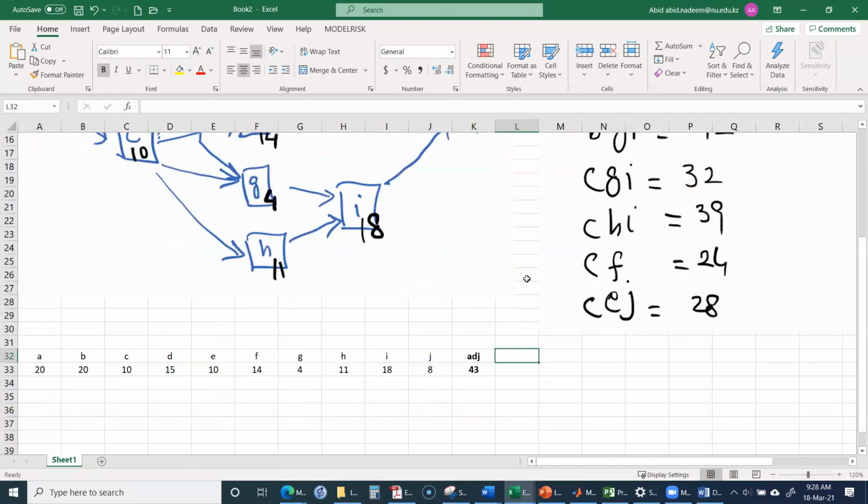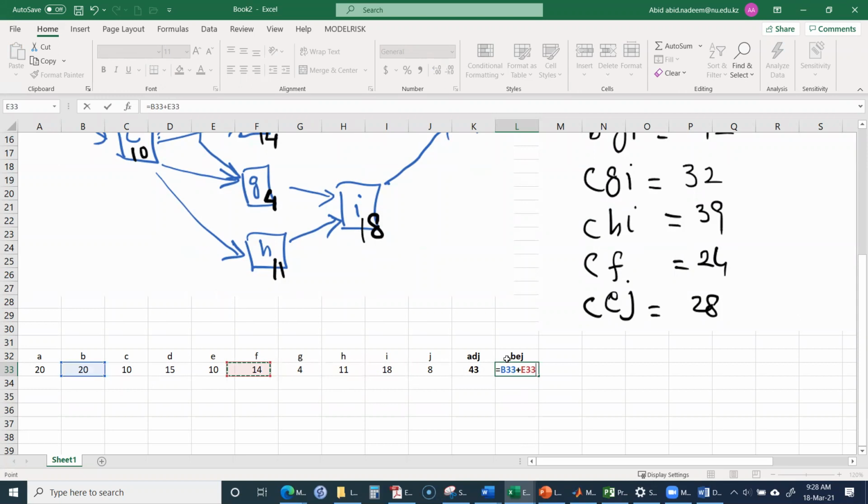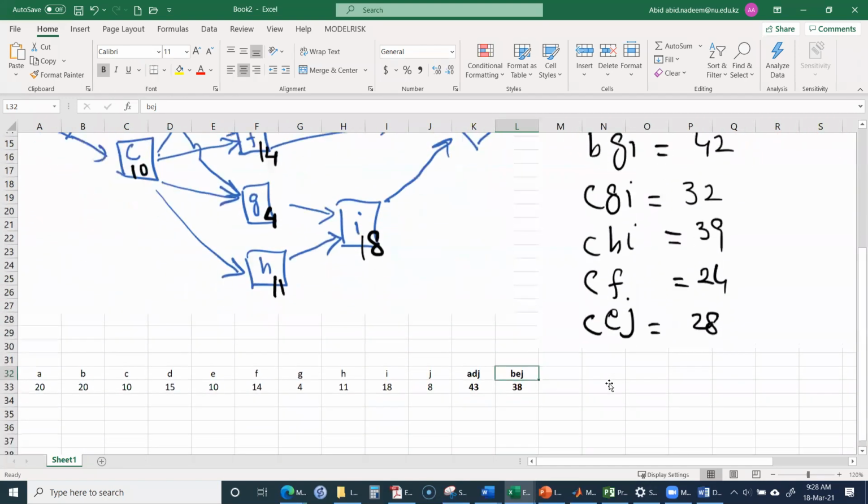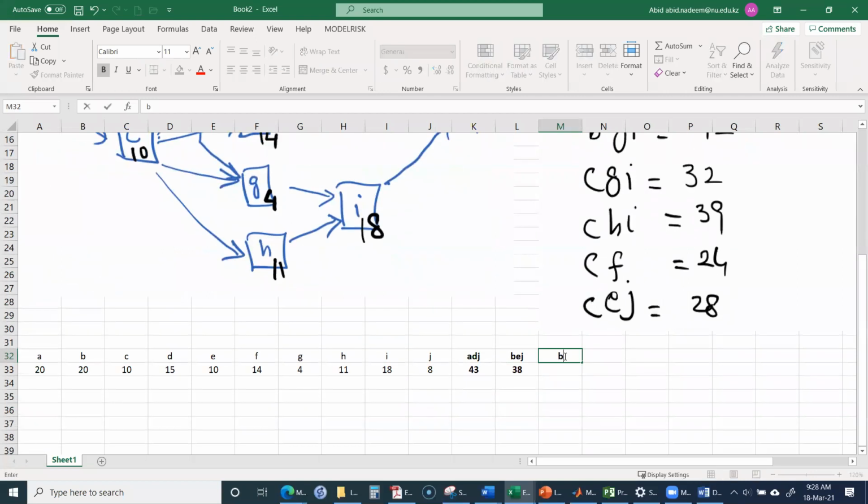Another path is BEJ. BEJ is equal to B plus E plus J, which is 38. Next path is BF. BF is B plus F, 34.